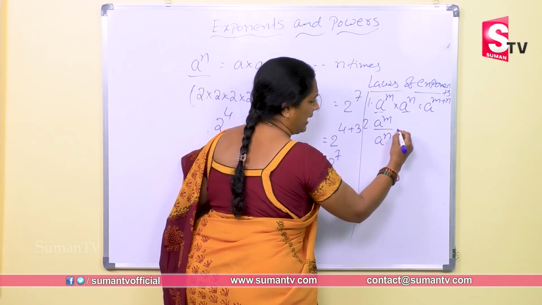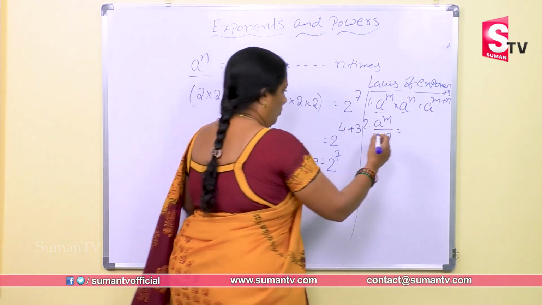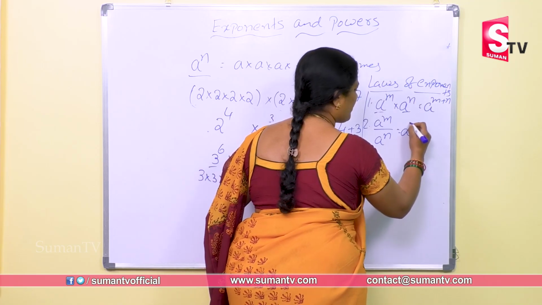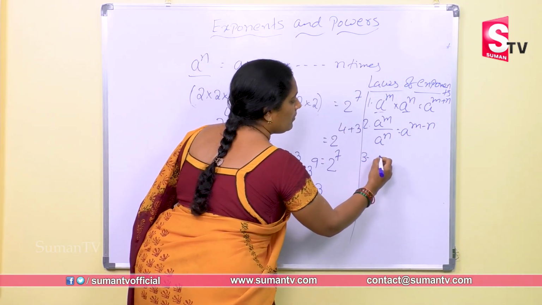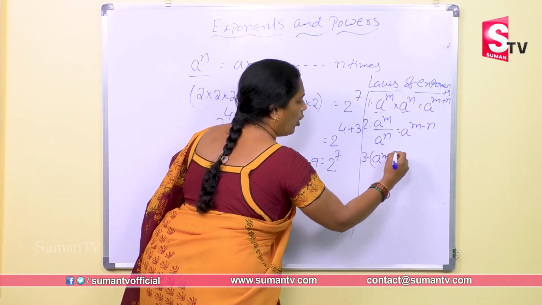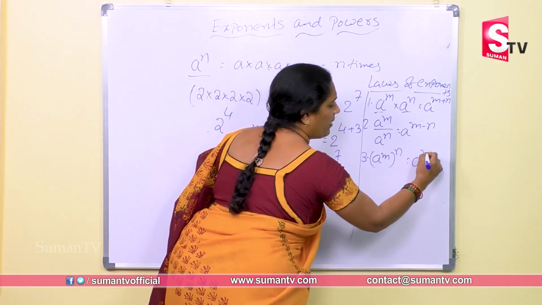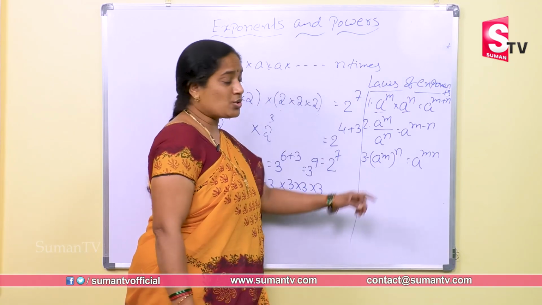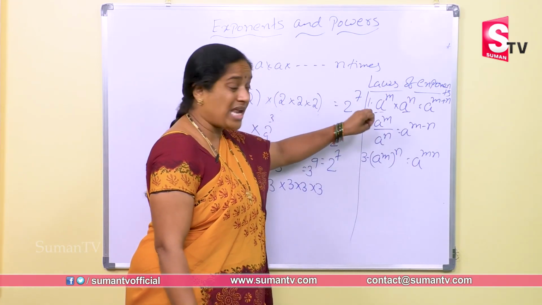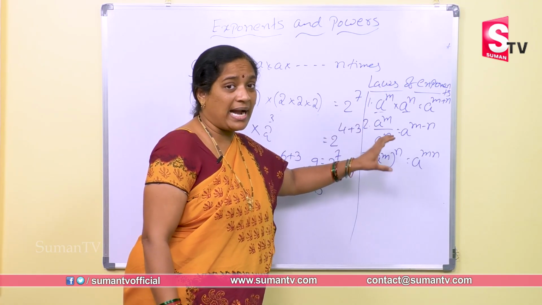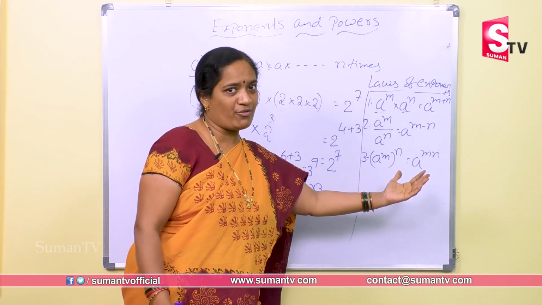A power m by a power n is a to the power of m minus n. A power m whole power n is a to the power of mn. While writing the formulas, you have to notice what the logic is and in what way you have to apply the formula.